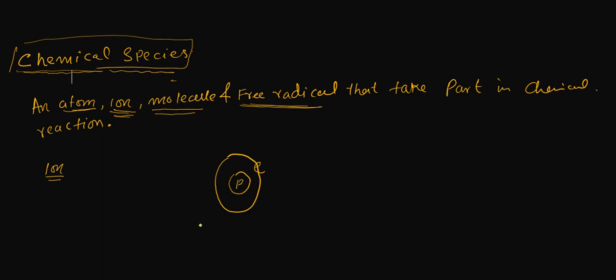It has 6 protons and 6 electrons. As the proton has a positive charge and the electron has a negative charge, they cancel each other's effect, and as a result the atom is a neutral particle.